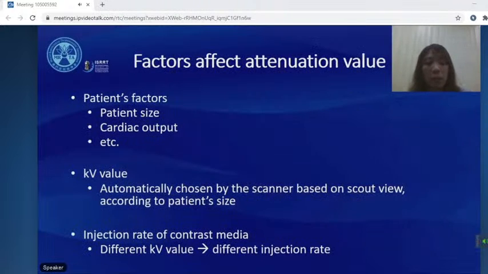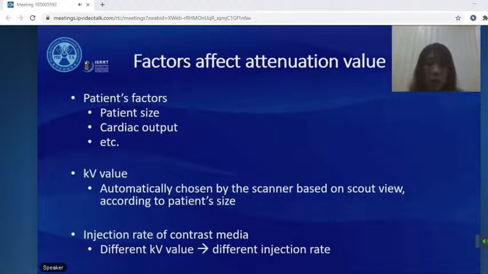First of all, we need to know which factors will affect the attenuation value. The patient factors include the patient size, cardiac output, and so on. And the next is the kV. In our scanner, a 256 CT scanner, when we perform the scout view, according to the patient size, the scanner will generate an attenuation map and suggest a suitable kV value for the patient.